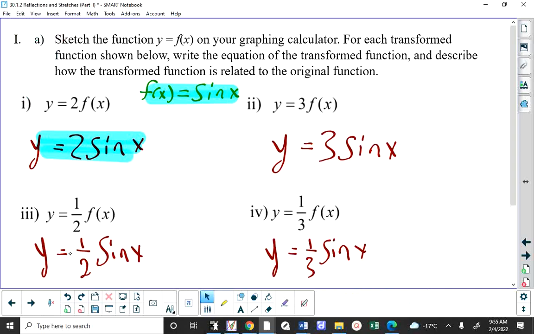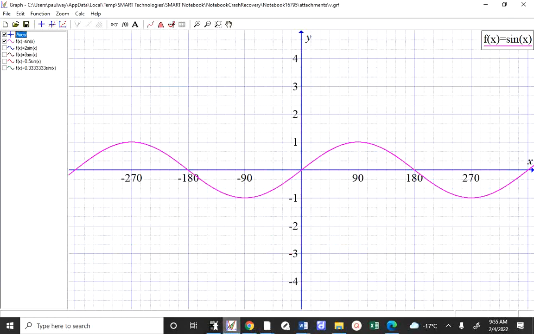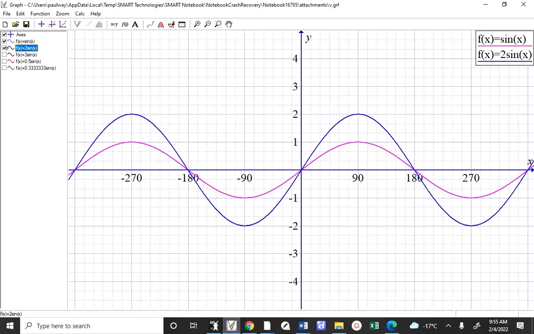I'm going to graph now y equals, what was the first one? 2 sine of x? Okay, so there's sine of x. It wobbles up and down vertically. It peaks at 1. It valleys at -1. By the way, again, it continues in both directions. And if I graph y equals 2 sine of x, this is what it looks like.